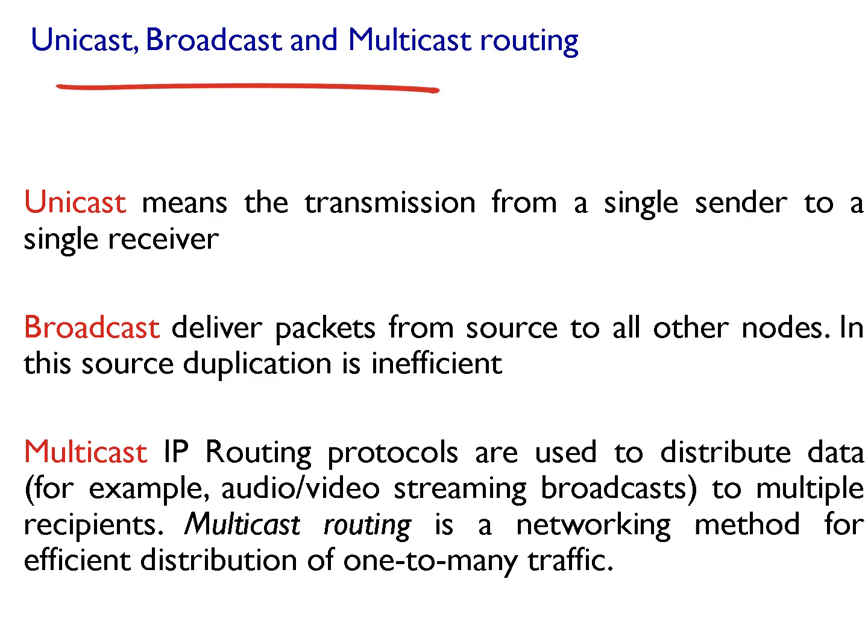In radio and television broadcasting, we have one source center sending the information, and all the receivers who are tuned to that particular frequency can accept the data. So broadcasting in radio and television is similar to broadcast networks in computer networks. There also we have a single sender and all the other nodes on the network will be the recipients.